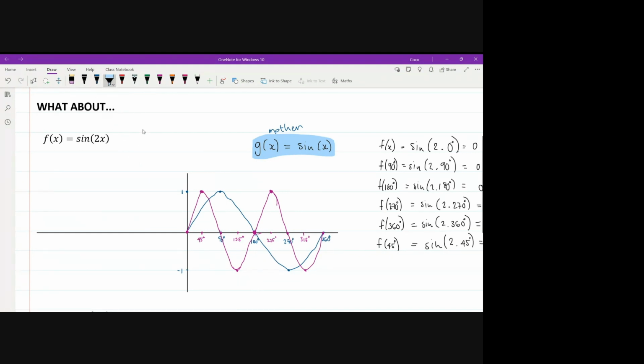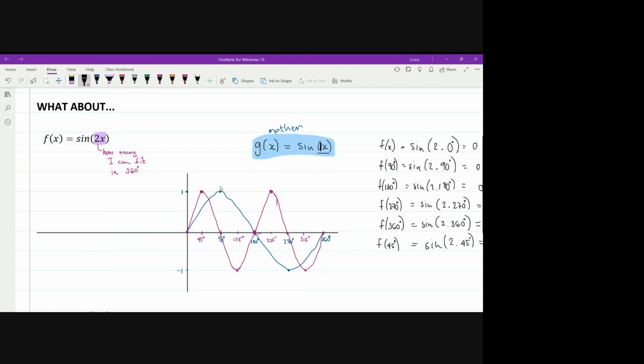So this part over here tells us how many graphs I can fit in 360 degrees. Let's look at this in a little more detail. My mother graph is g of x equals sine of 1x. You see that? x is just 1x. So in the mother graph, how many graphs did we fit in 360 degrees?